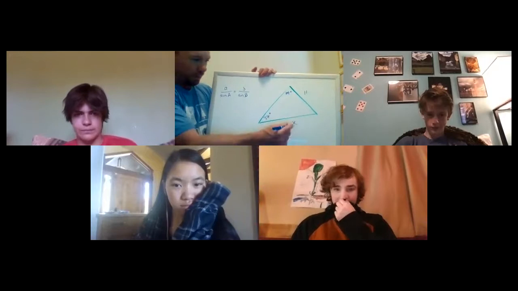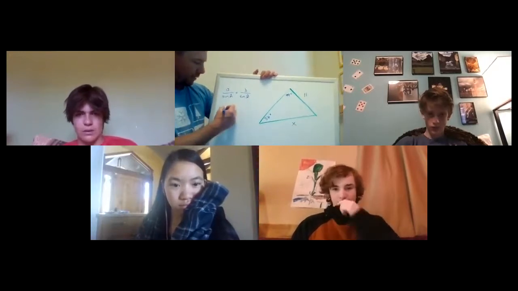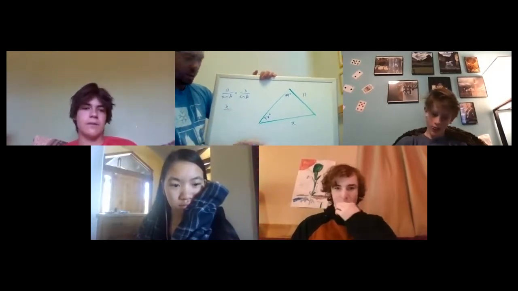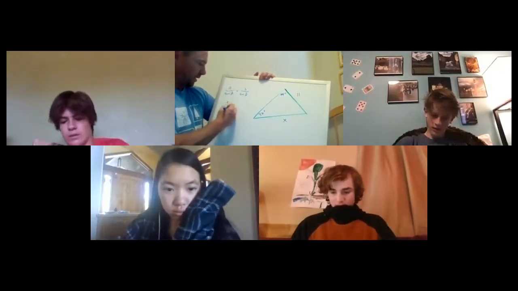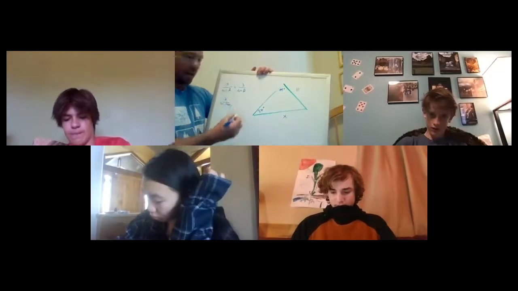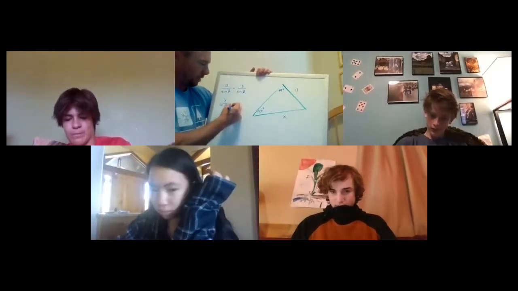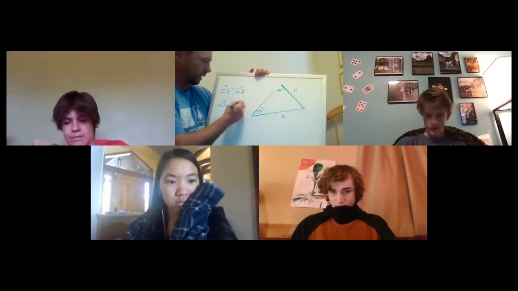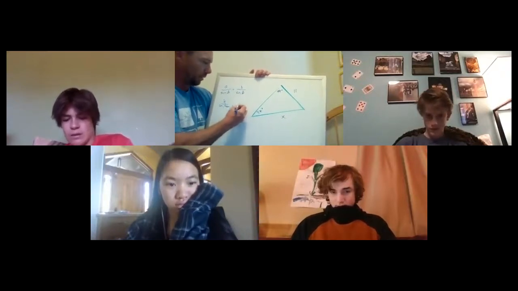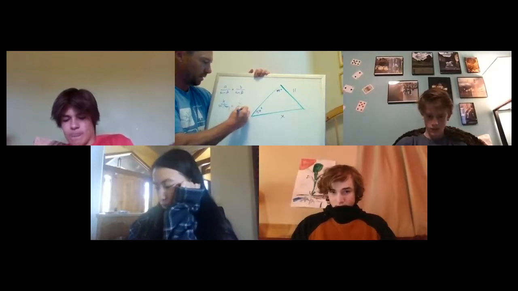What's the side we're trying to figure out? X. So that's what I want to start with. X over sine of the angle across from X equals my other side and angle combination. So 11 over sine of 37.